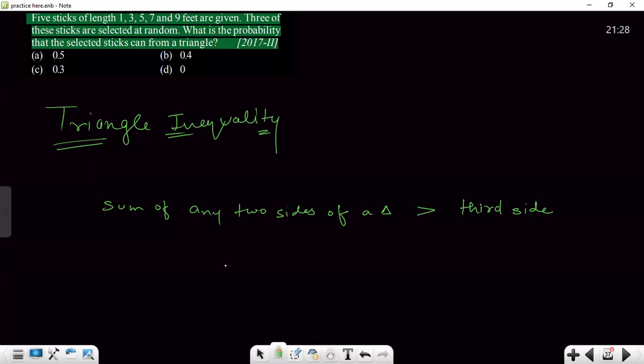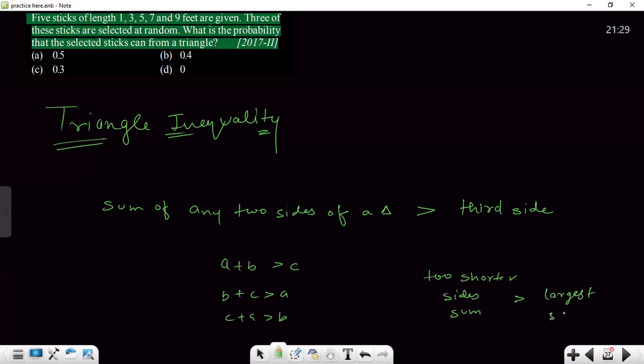If there are three sides, then A plus B should be greater than C. For convenience, we can also write that B plus C should be greater than A and C plus A should be greater than B. But mostly, to check, we take the two shorter sides, whose sum should be greater than the largest side.